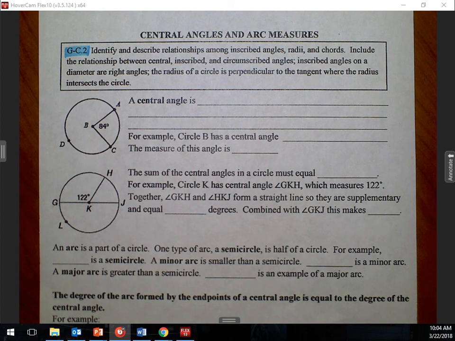Central angle. From yesterday's notes, central angle refers to what? Angle where? Think about it. It's not rocket science here. At the center. Thank you.